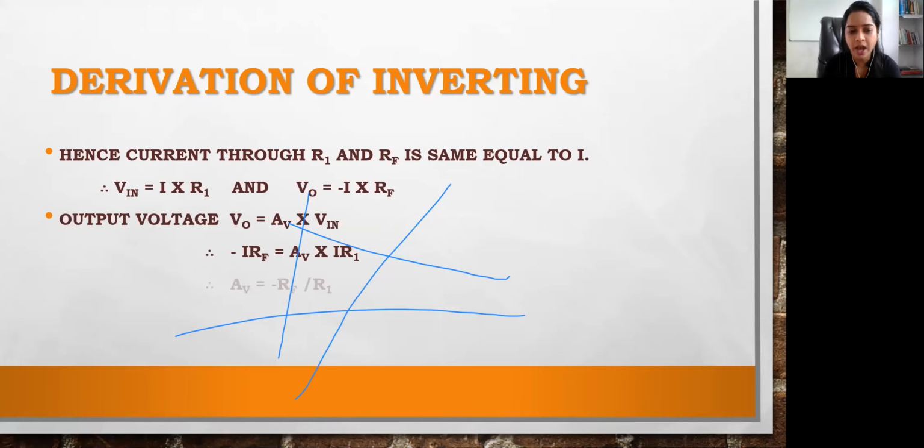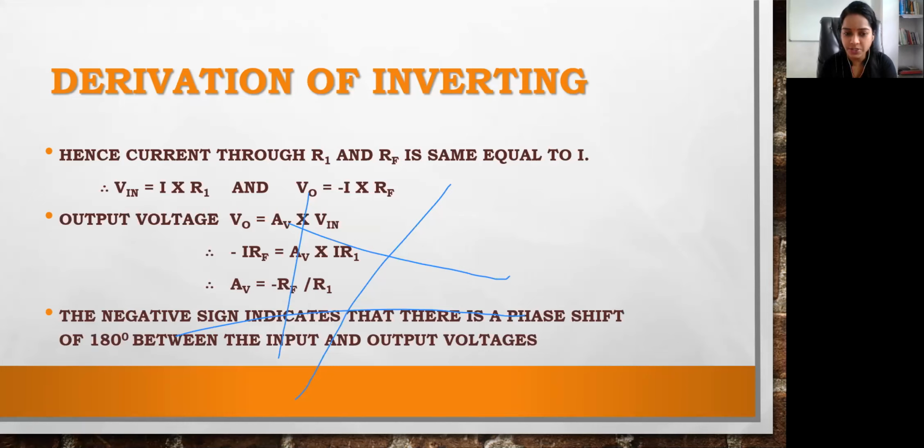So arranging the above equation, we get the gain as minus of Rf by R1. This is the feedback resistor divided by the value of the input resistance.